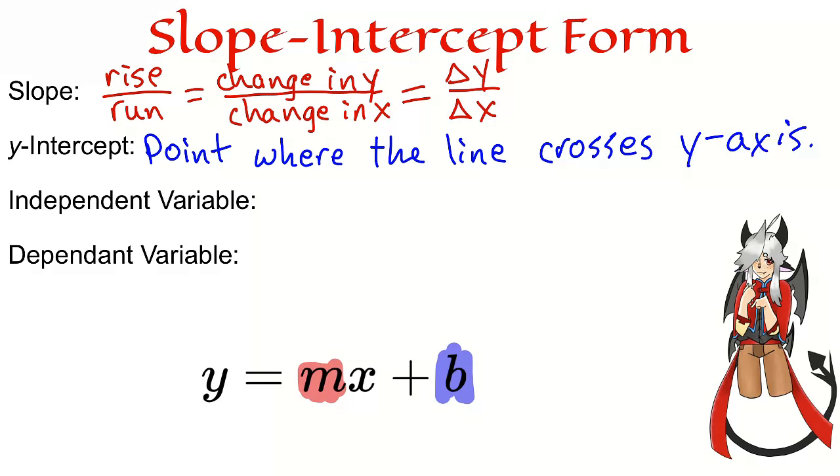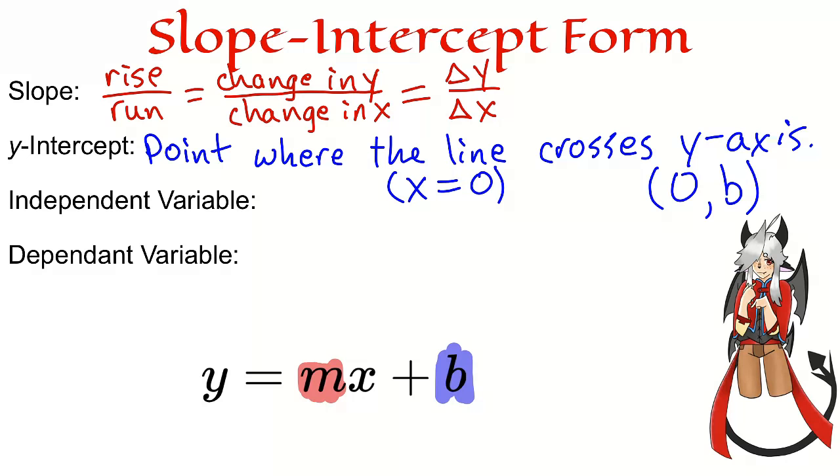And what's always true at those is that x is equal to 0. So x is always equal to 0 at y-intercepts. So the point would be like 0, b. That would be the y-intercept.